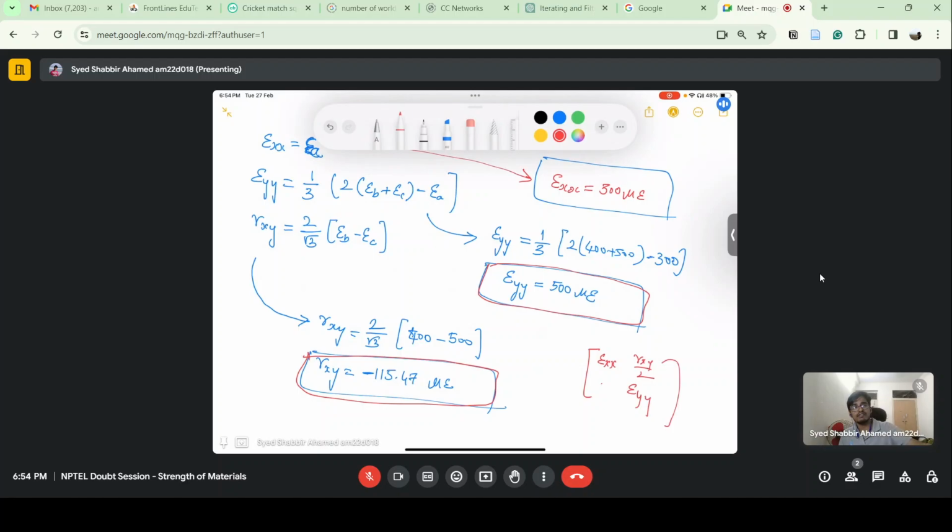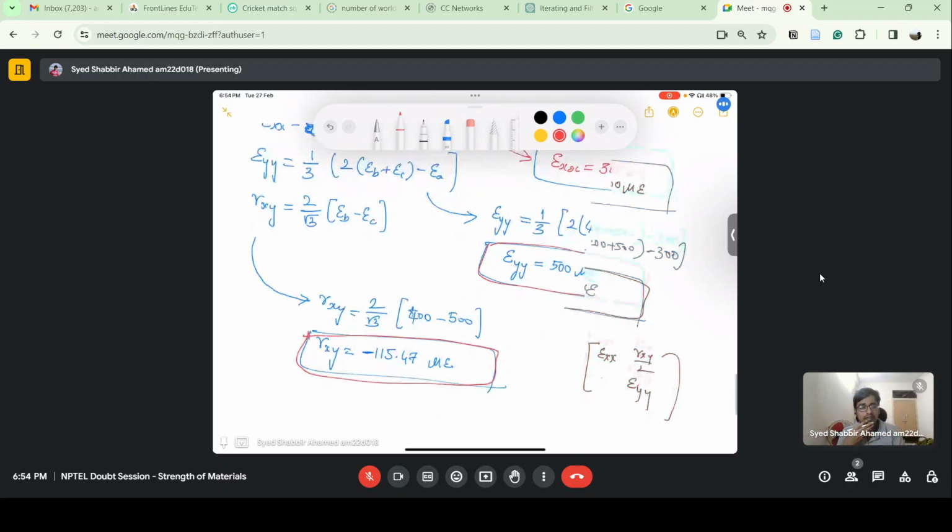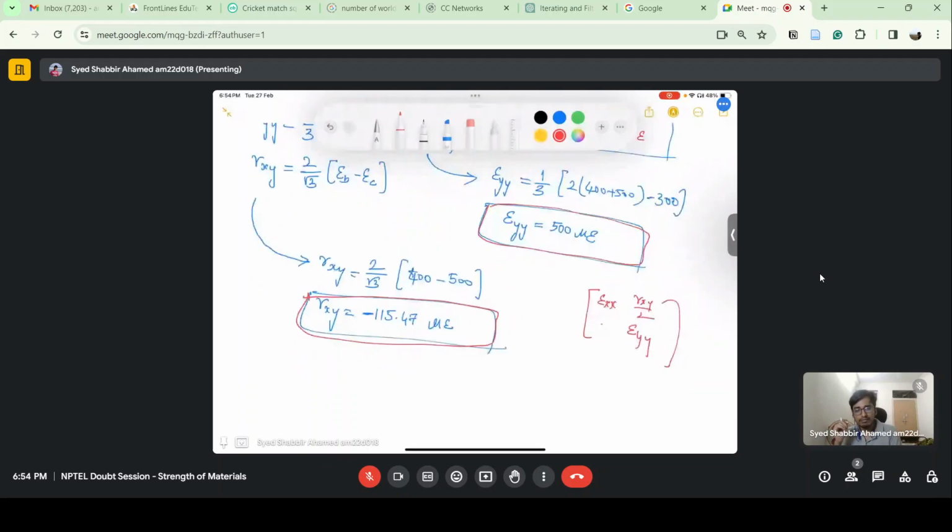So using the strains from the strain gauges in the delta rosette, we have got the state of strain at the point at which the strain rosette was attached on the structure. This is how we do the calculations using the values of strains from the strain rosette to get the state of strain at a point.